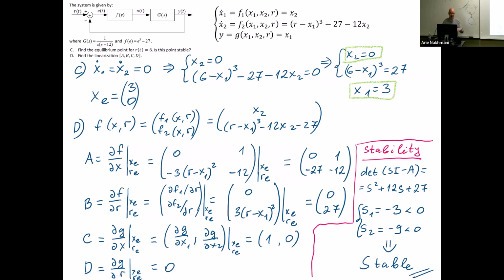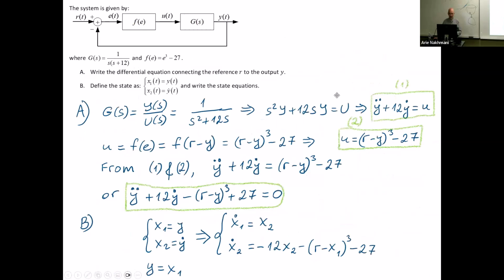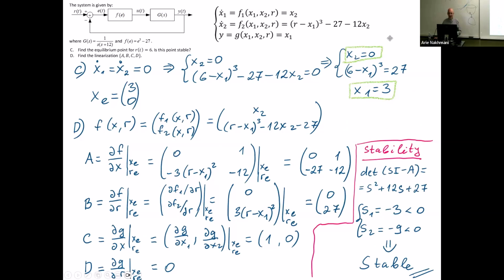Which means the functions f1 and f2 will be equal to 0, practically speaking. So the first function will be x2. So x2 must be 0 to make it equilibrium. The second function, I'm just reminding you, I'm just copying that thing here. So the second function needs to be 0. So I need to solve that system of equations.